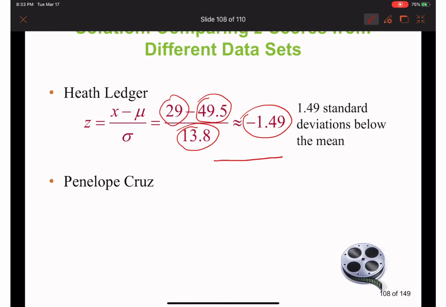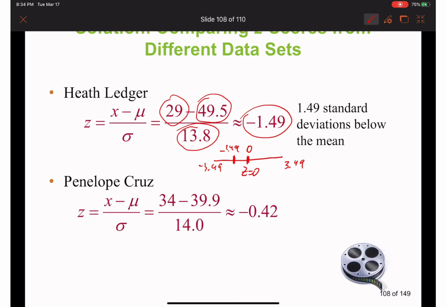Our average z-score is right here where it's 0, here we have negative 3.49, and here positive 3.49. Negative 1.49 is here, which tells us that Heath Ledger got his Oscar at a much younger age than the average of the Oscar winners, because it's below.